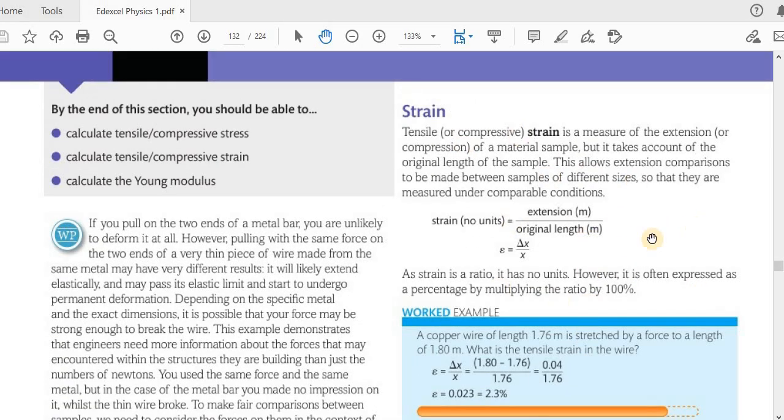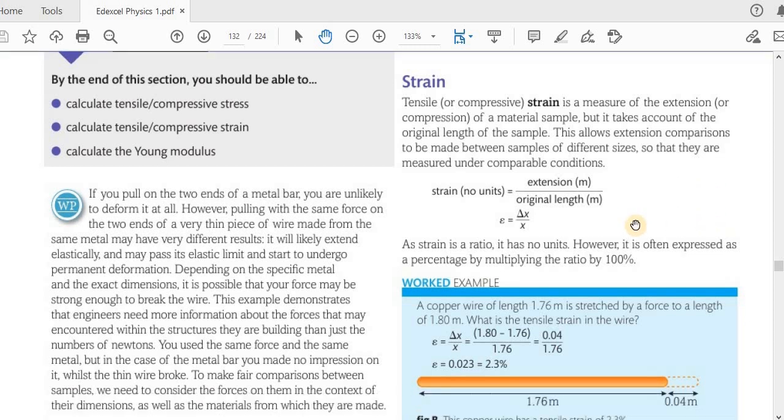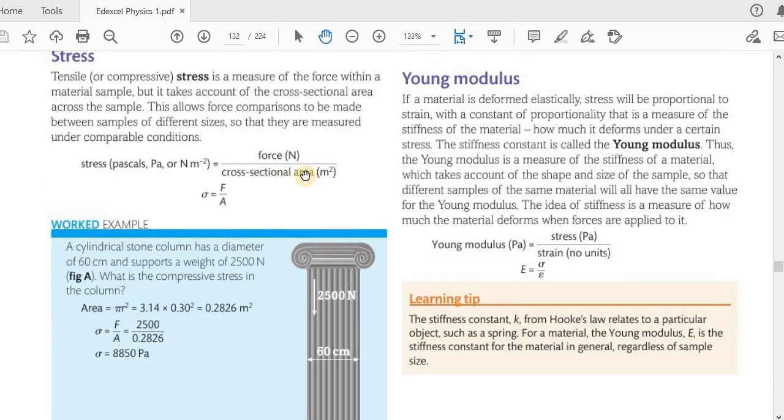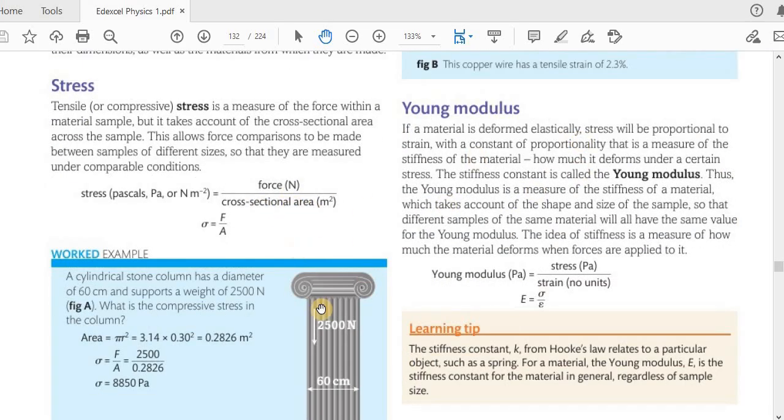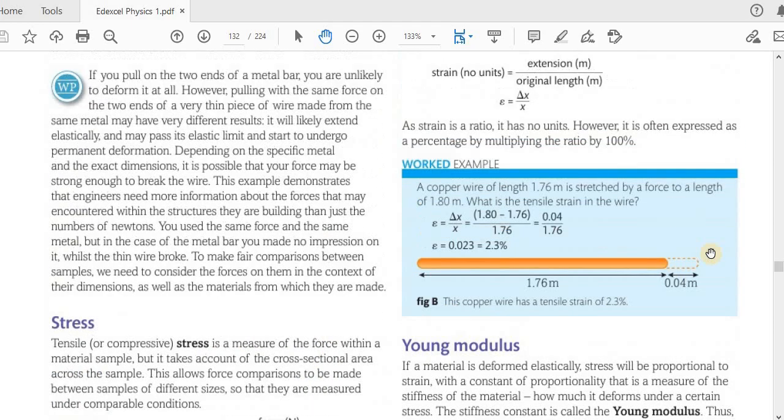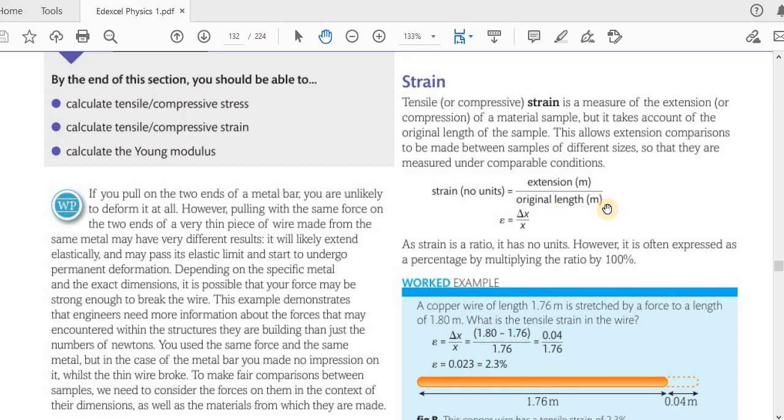Now let's see how we can use this equation. Here the original length is constant. Over here the cross-sectional area is constant. Even when the force is applied, we assume that the cross-sectional area is constant. Similarly over here the original length is constant.